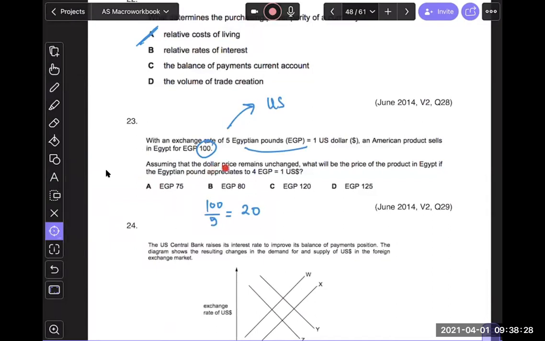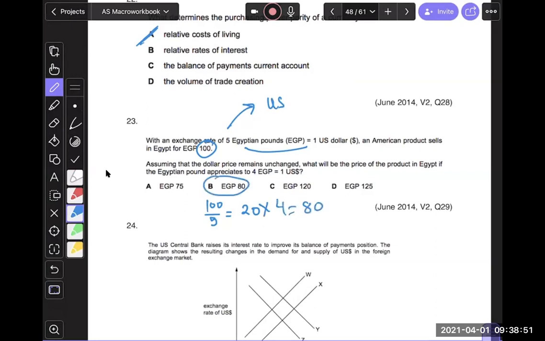Assuming that the dollar price remains unchanged, what will be the price in Egypt if the Egyptian pound appreciates to 4 EGP equal to $1? If the exchange rate goes to 4 EGP equal to $1, the price will become 20 times 4, or 80. Makes sense? It's easy. Are we good?